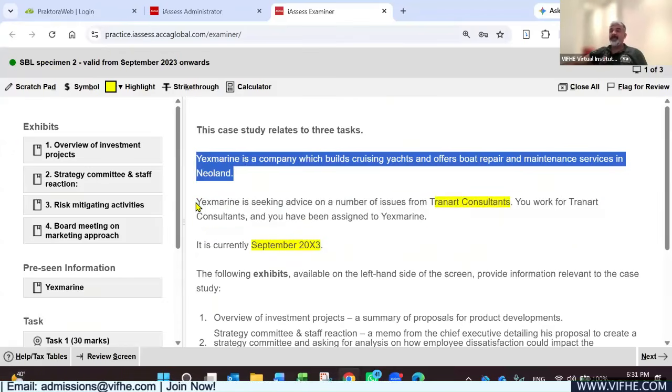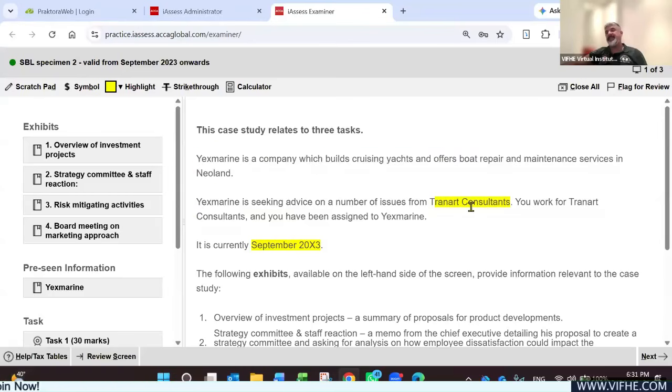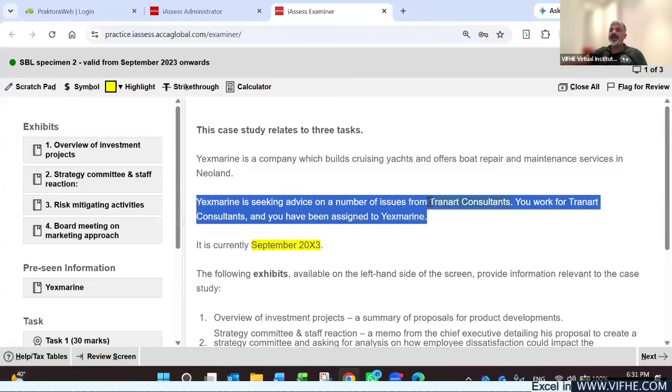Your role will be mentioned on the landing page. So here it says Yachts Marine is seeking advice on a number of issues from Tranart Consultants, and you work for Tranart Consultants.